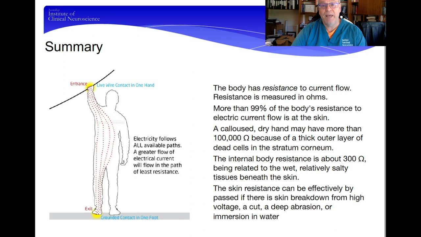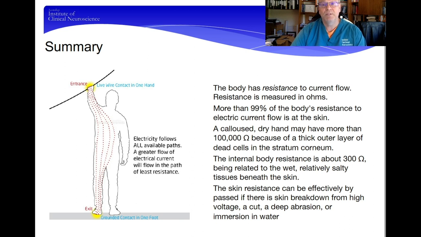If you have a calloused, dry hand, you can get up to 100,000 ohms of resistance just because of the thick outer layer of dead cells that are located in the stratum corneum that will not act as a good conductor at all. Okay? However, if they get through that skin resistance, you'll notice that the resistance drops dramatically from 100,000 ohms down to 300 ohms or so.